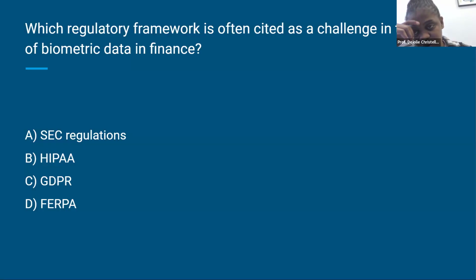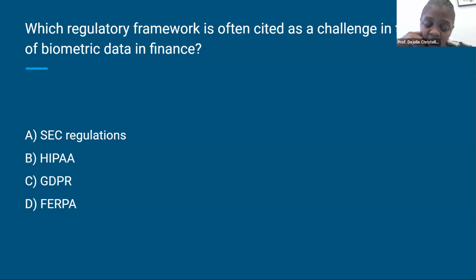Has someone heard about the FERPA before? No, okay. It's a federal law, and it protects the privacy of student education records. So your record in a school where you attend, how that information is secured, the FERPA is dealing with that.